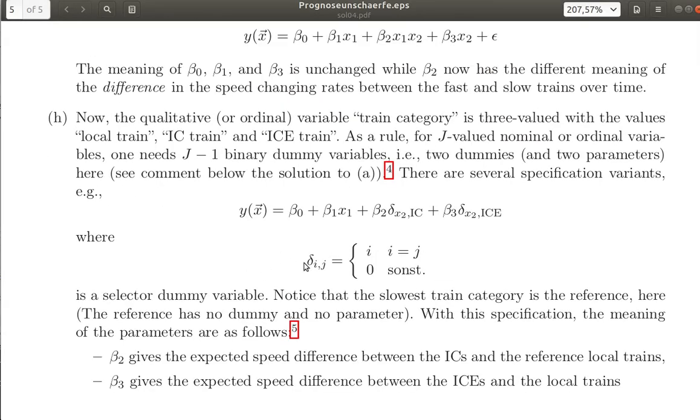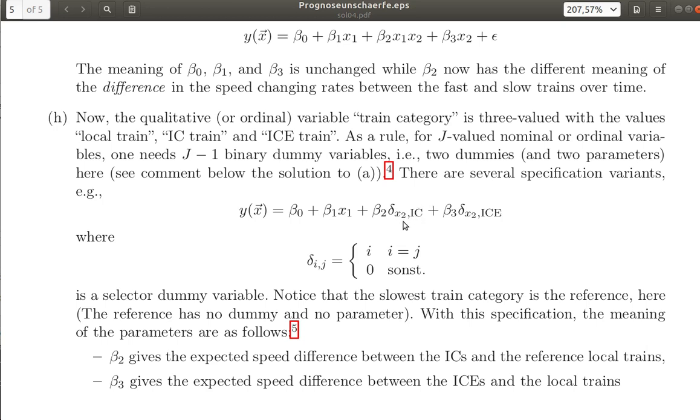So this can look like this. The constant, that is just the changing rate for speed with time, which is common for all three types. And here we have a dummy delta x2, which takes on the value 1 if it's an IC, and 0 otherwise.